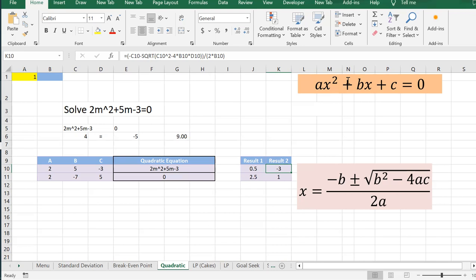So this is the output of the formula without using any goal-seek, etc. Means without solving it. We have used this x formula, and it has come up with these two values, right?